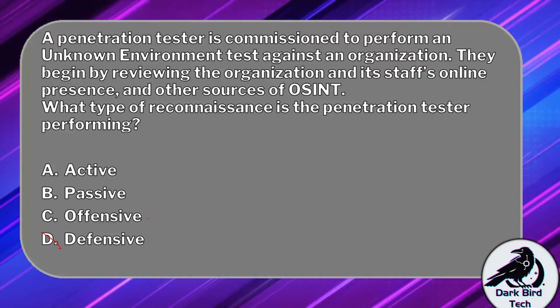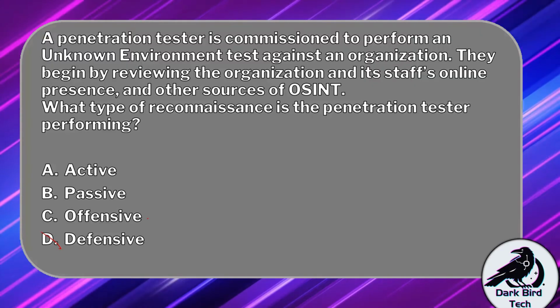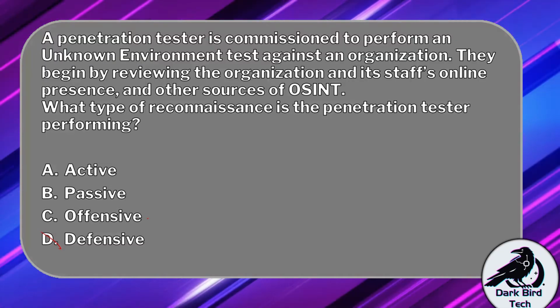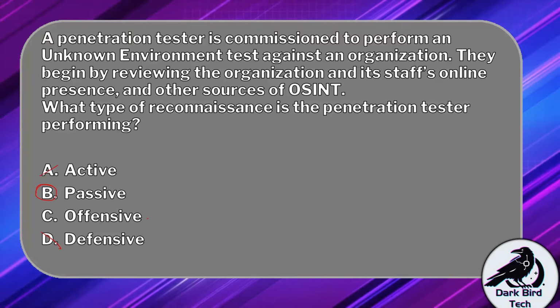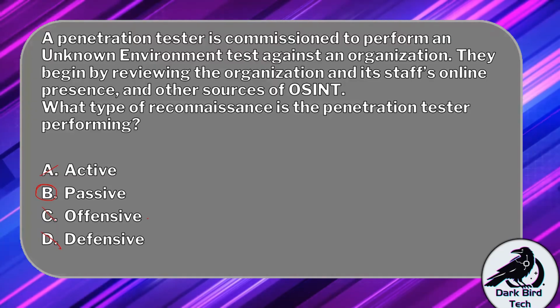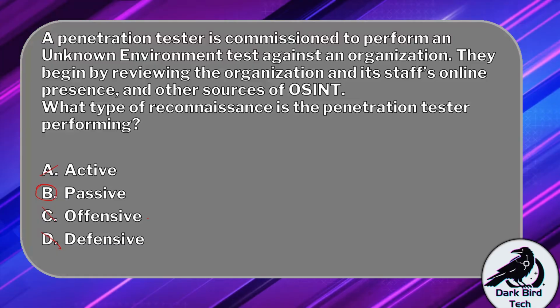So I'm feeling passive because looking at people on LinkedIn and looking at an organization's website, that's not going to trigger any alarm bells. Active, I don't see that triggering alarm bells. And offensive, we don't really use that term to describe reconnaissance. So passive feels the best option there.